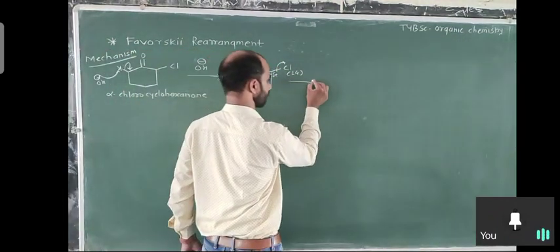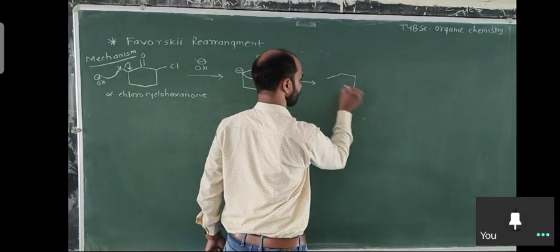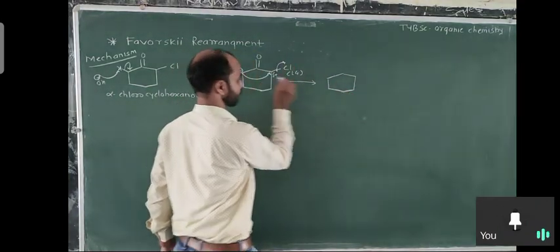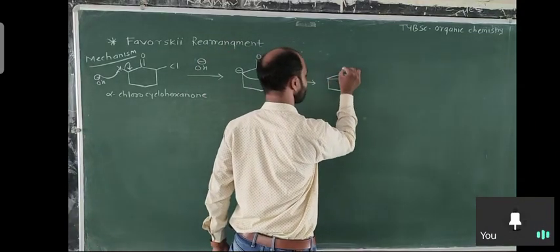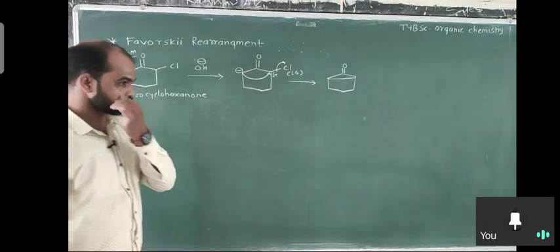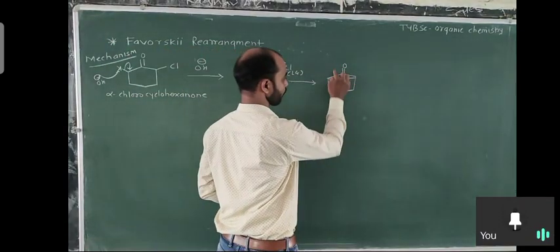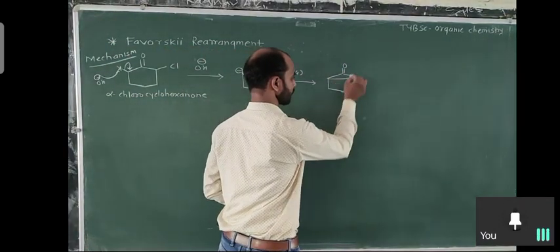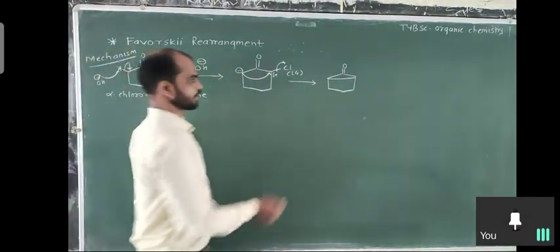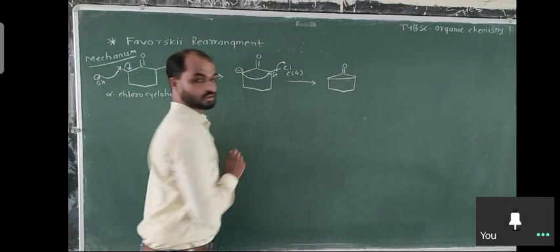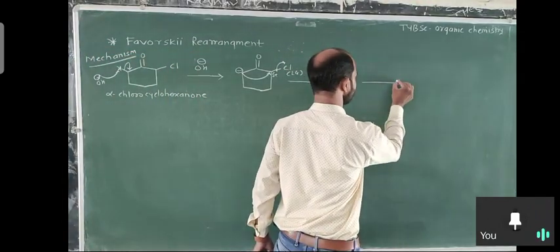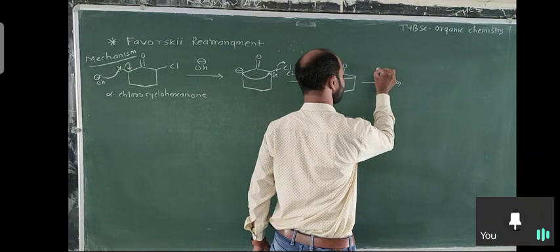When Cl is lost, there is formation of a bond between these two carbons. So here is the formation of cyclopropanone. This is the cyclopropanone derivative, an intermediate in this reaction. After that, the OH minus base remains.